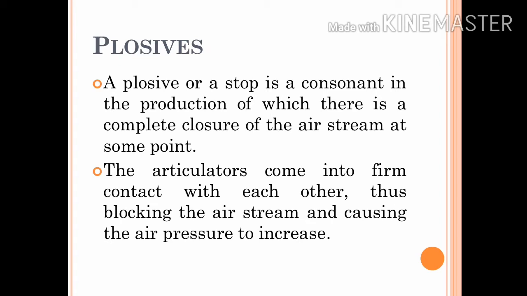The nasal passage of air is closed completely by raising the soft palate so that it touches the back wall of the pharynx. The oral passage is closed by making a firm contact between some active articulator and the corresponding passive articulator.